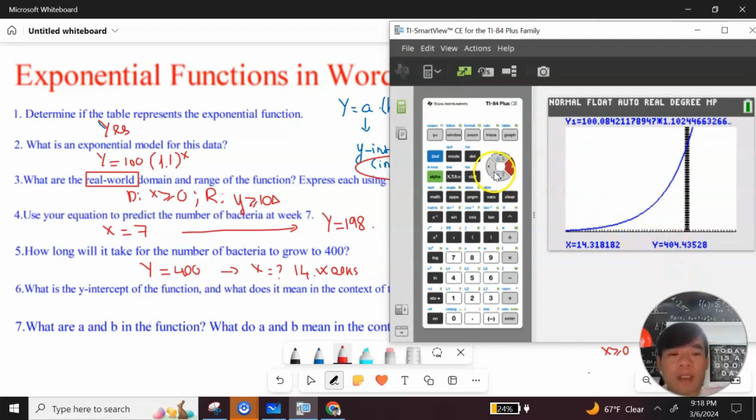This is 386, so it's 14 away from 400. Now this is 404, which means 4 units above 400. So we're going to pick this one because it's closer to 400. So it's roughly 14. You see that? Roughly 14.